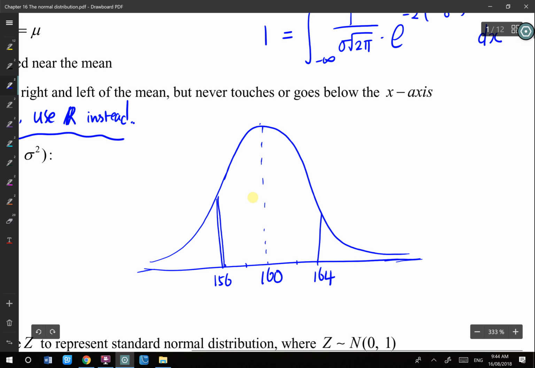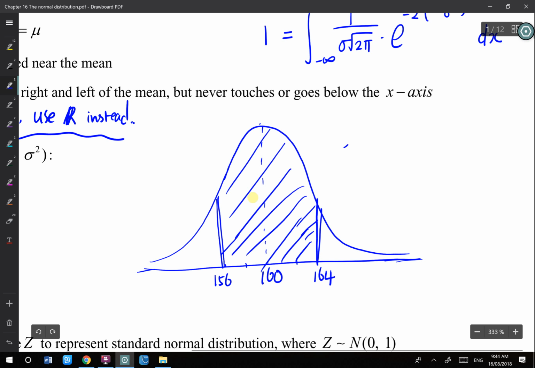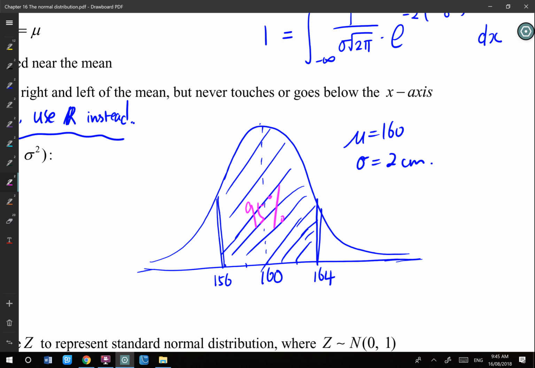Can you tell me what's the approximate probability here? We learned that in chapter 13. I have mu equals 160 and standard deviation equals 2 centimeters, and I add 2 standard deviations on the left and on the right. What's the probability for that? It's approximately 95%. Remember, from the mu, go left and right two standard deviations, and I will have approximately 95% of the data under the curve.